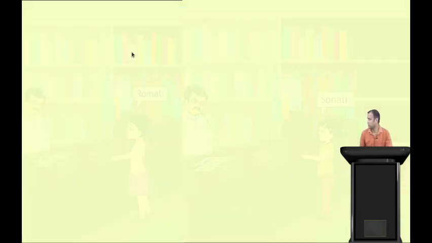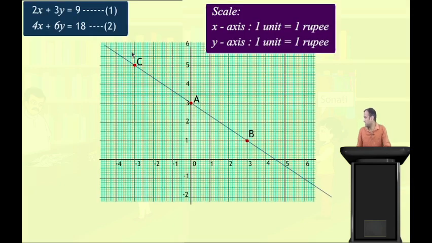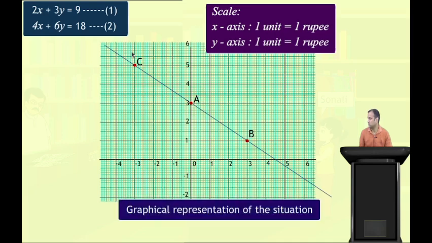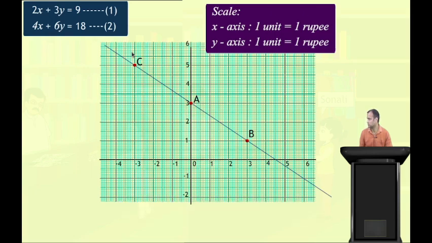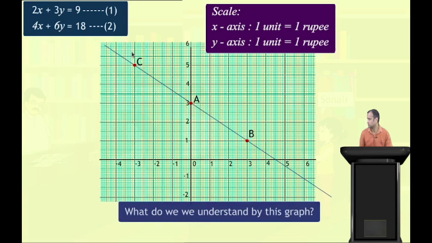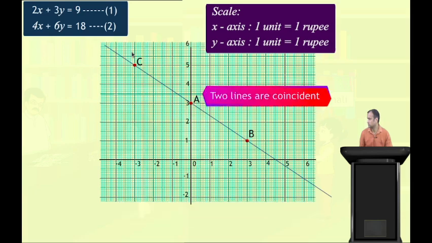Now we can plot the points on a graph. So we can take a scale as 1 unit equals 1 rupee, and this is called graphical representation of this equation. Okay, so if we look here, we can see that two lines are coincident because both the lines can be drawn on each other.